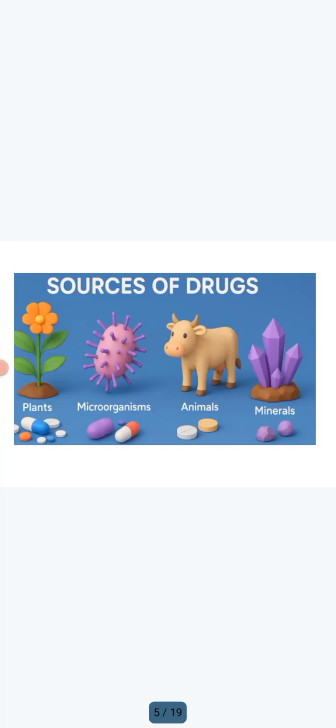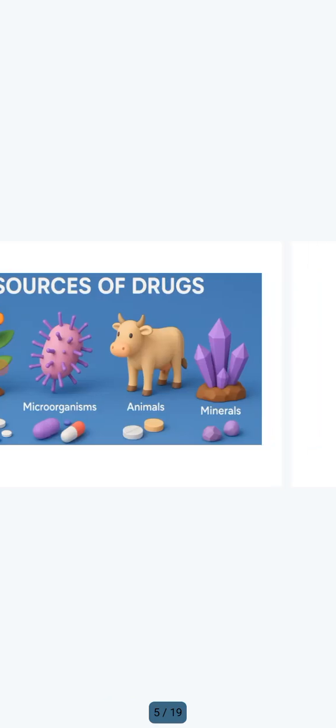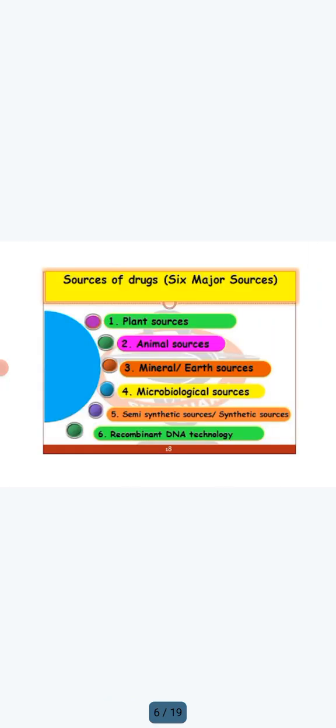Next, the sources of drugs. They are divided into many sources, namely plant, microorganism, animals, minerals, recombinant DNA technology, etc. So here, there are six major sources of drugs: plant sources, animal sources, minerals or earth sources, microbiological sources, semi-synthetic or synthetic sources, and recombinant DNA technology or rDNA technology.